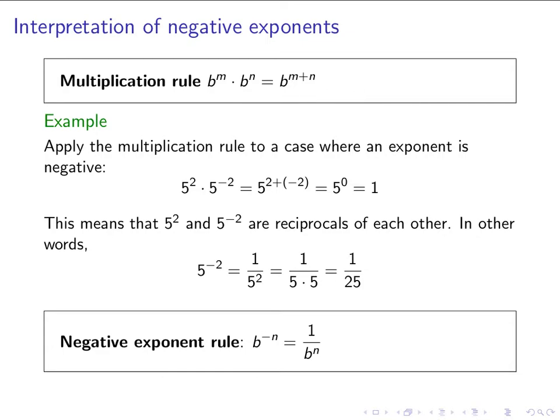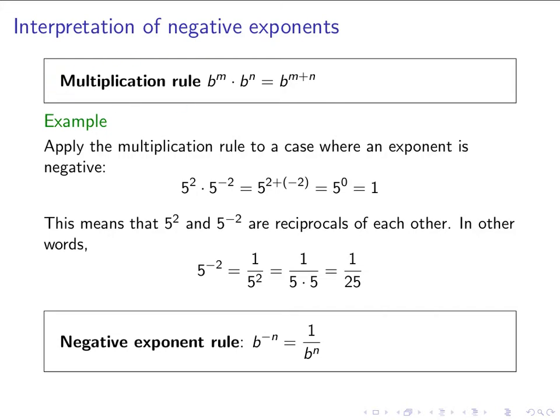So the problem I'm suggesting here is we take 5 squared times 5 to the -2. The multiplication rule says that we should have 5 to the sum of those 2 powers. The 2 and -2 would be added if the multiplication rule holds, and that means that would be equal to 5 to the 0. So 5 squared times 5 to the -2 has to equal 1 if the multiplication rule is always true.